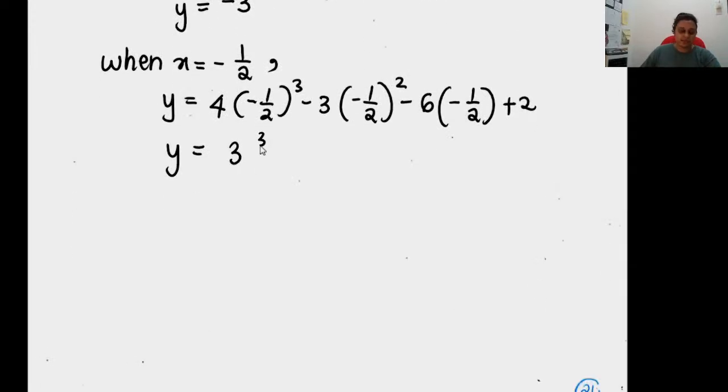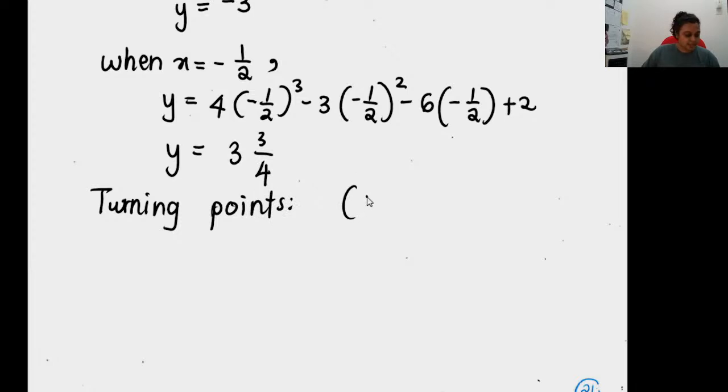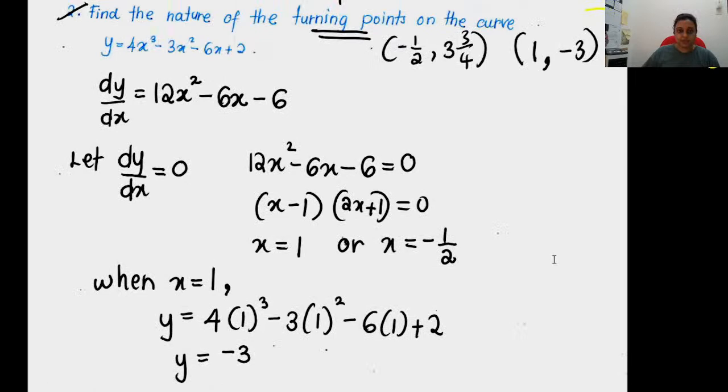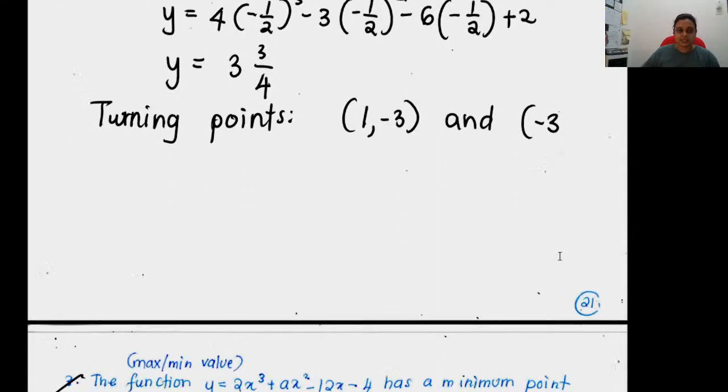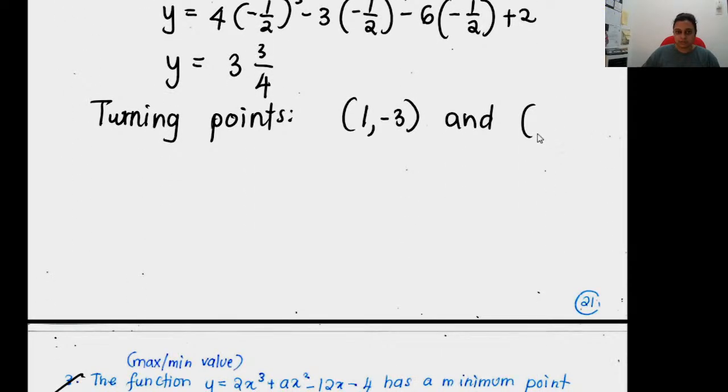Once you get both these answers, you have two turning points already. One turning point is 1 and negative 3, and the other one is negative 1/2 and 3/4.